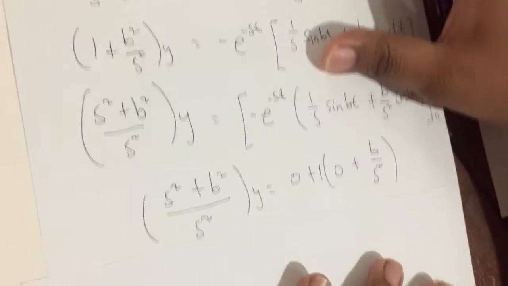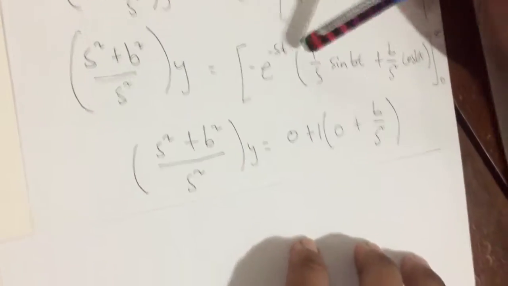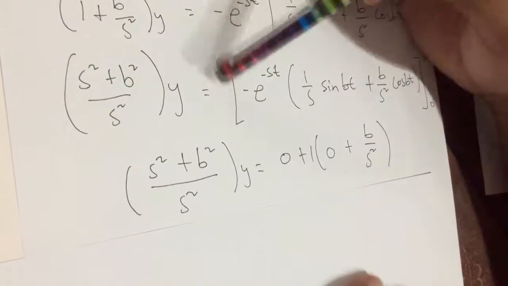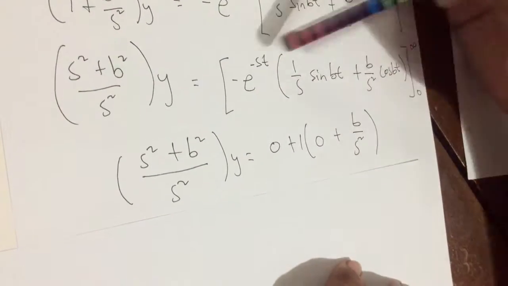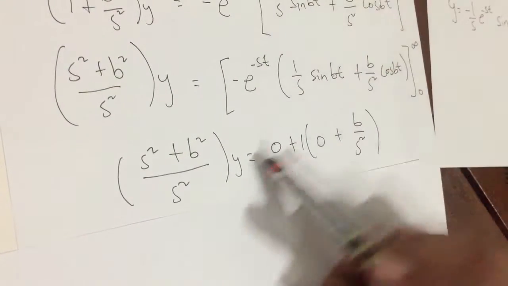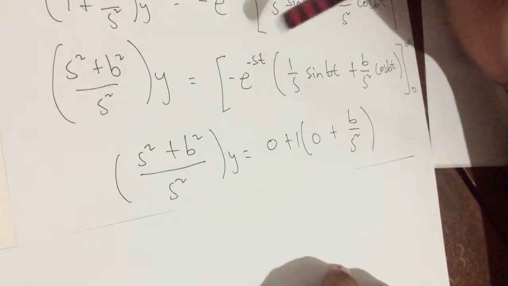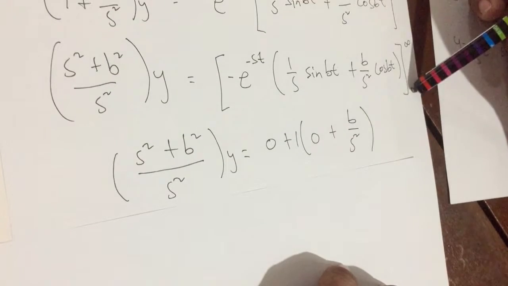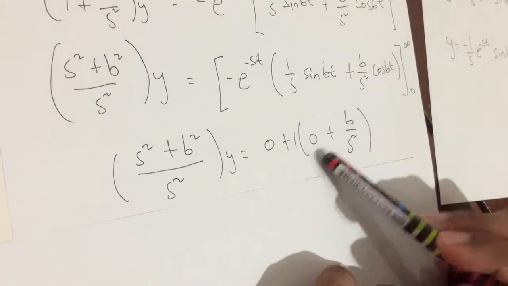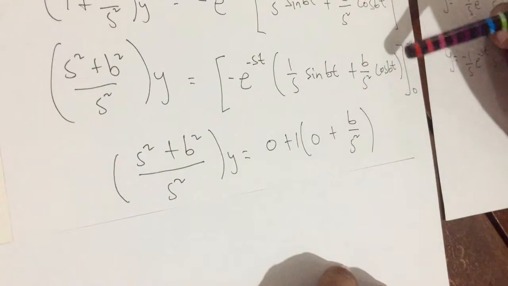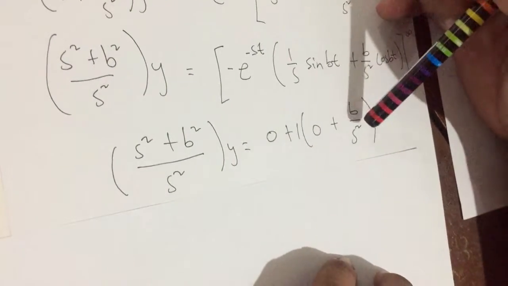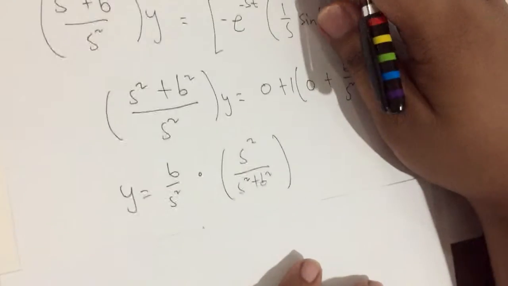Then we get the limit of this term to infinity, which is 0, minus this, substituting 0 into this: e to the power of 0 is 1, times the sine of 0, which is 0, plus cosine of 0, which is 1, so the b over s squared will remain.